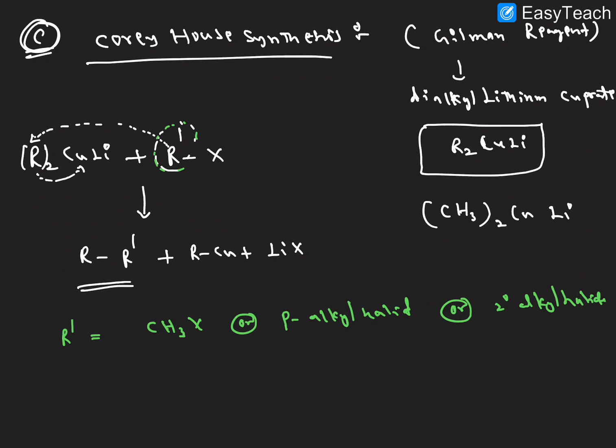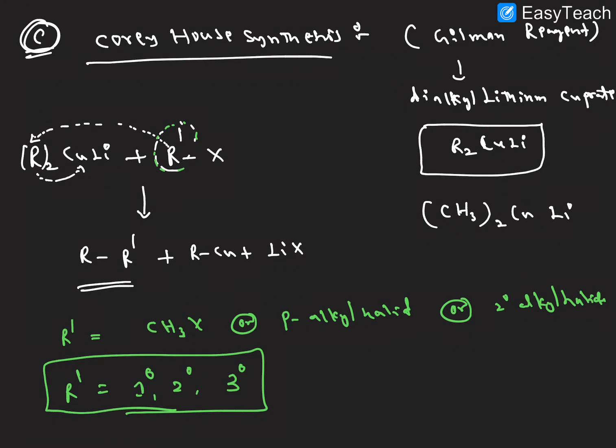And the alkyl groups in the dialkyl lithium cuprate, that R may be primary alkyl or secondary alkyl, maybe tertiary alkyl. So this is the condition of the reaction. These may be primary, secondary or tertiary. This R may be methyl, primary or secondary.